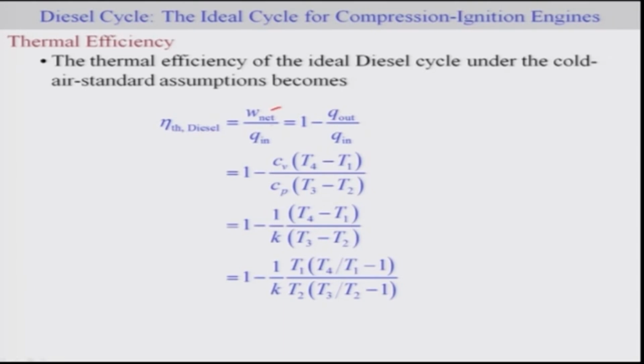Now, the expression for thermal efficiency, by definition, is the same for the diesel cycle. So, this is your W net by Q in, or 1 minus Q out by Q in. Q out is the same as in the Otto cycle, but heat addition is now written in terms of Cp times (T3 minus T2), which essentially means that we have to include k also, because Cp by Cv is k, and thus this expression is a little more complicated compared to the Otto cycle.